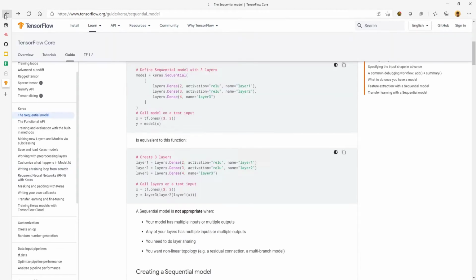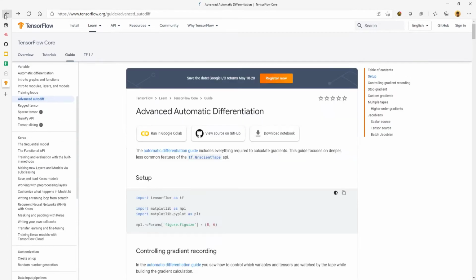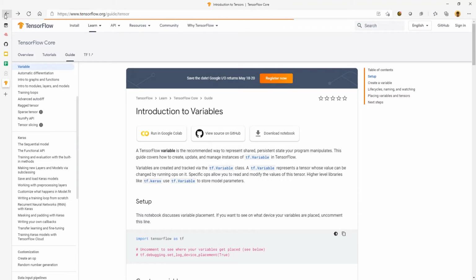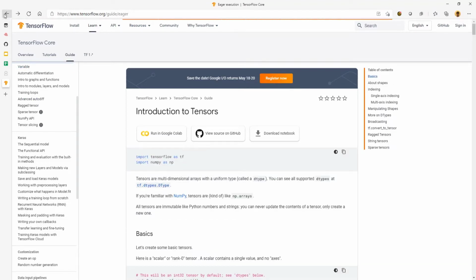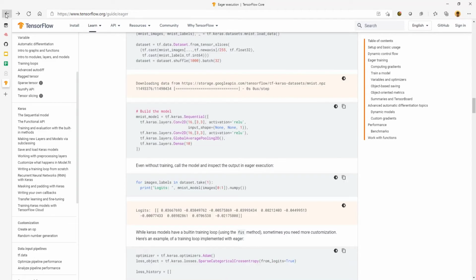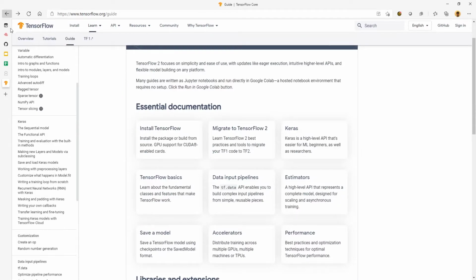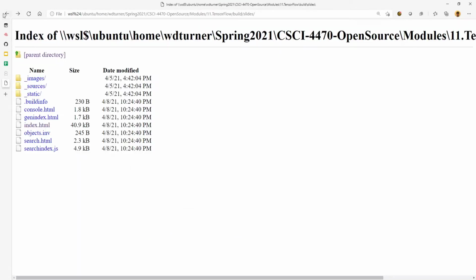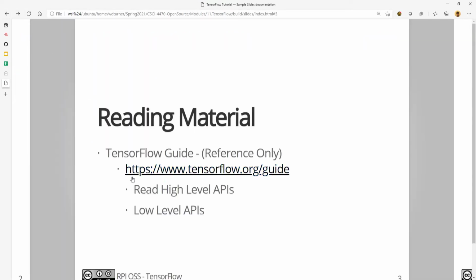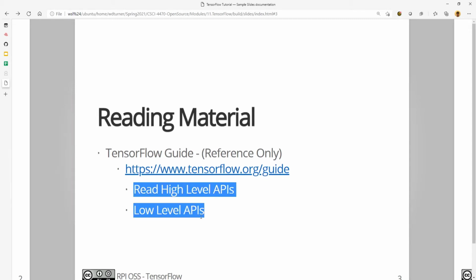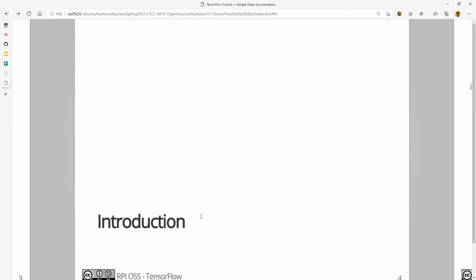I'll post a note on that. I do apologize. I wanted you to read the entire guide, but it has changed, and the high-level APIs and low-level APIs no longer exist. So there is no way for me to have you read that, and I had intended to change this part after I'd gone through the entire lecture, and I forgot to come back to that.